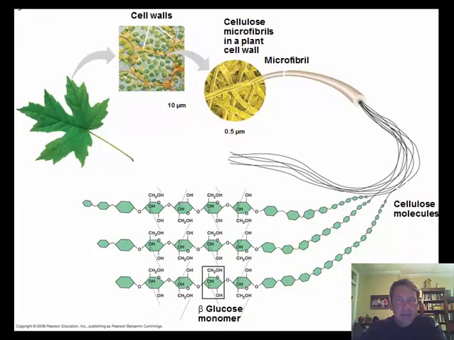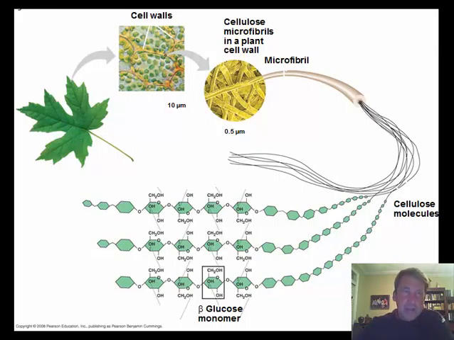Here we see this in plant cell walls are going to have a lot of these polysaccharides that form these fibers, and they wrap around each other here in this case. So each one of these is represented by a single monosaccharide.